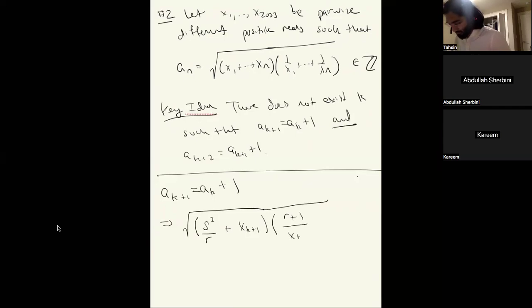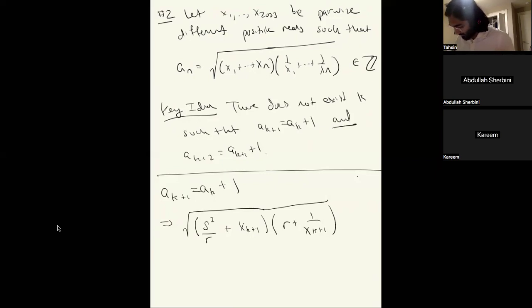No, I understand. So r plus xk plus 1 over xk plus 1 like this. Yeah, and then you solve the equation. I see. And you're saying what are s and r? S is a of k.